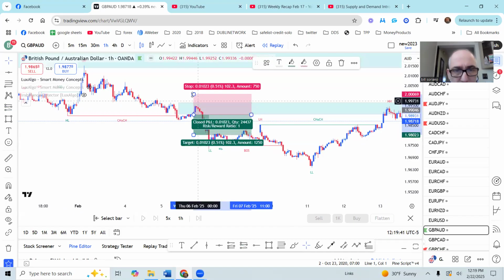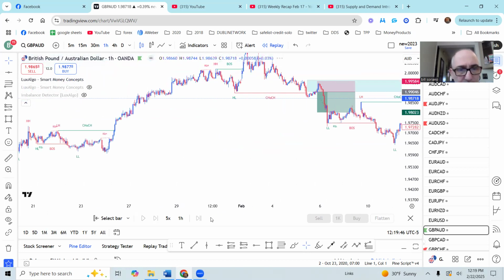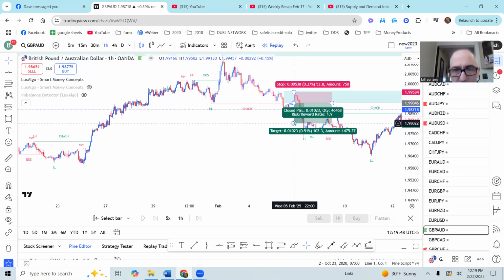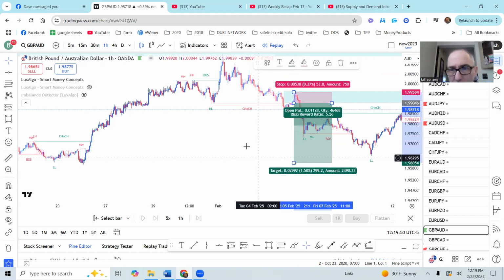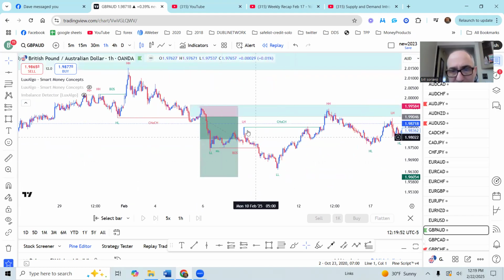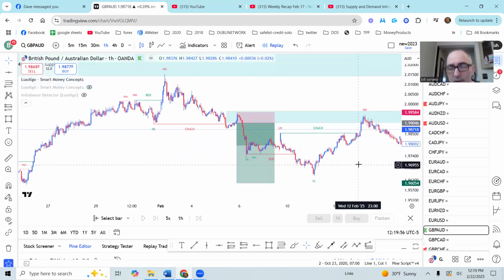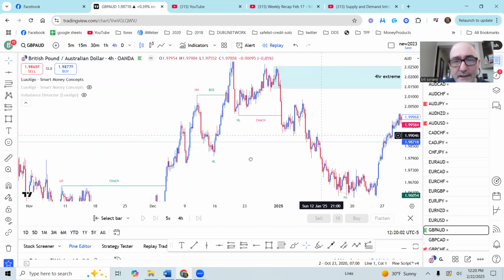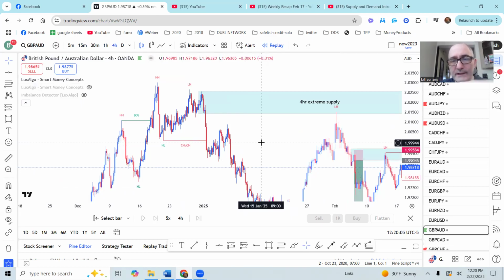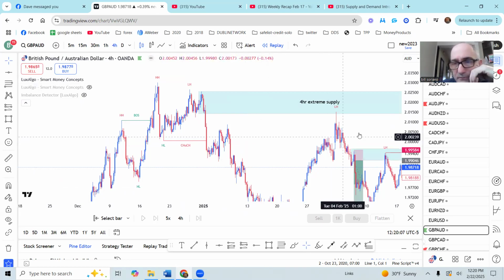So we could see we want to enter there. If we use this low over here, that's like a 1-to-1.56, doesn't quite hit it, and then moves up. So again, you could potentially find an entry on the 1 hour, even though you don't really find one on the 4 hour.